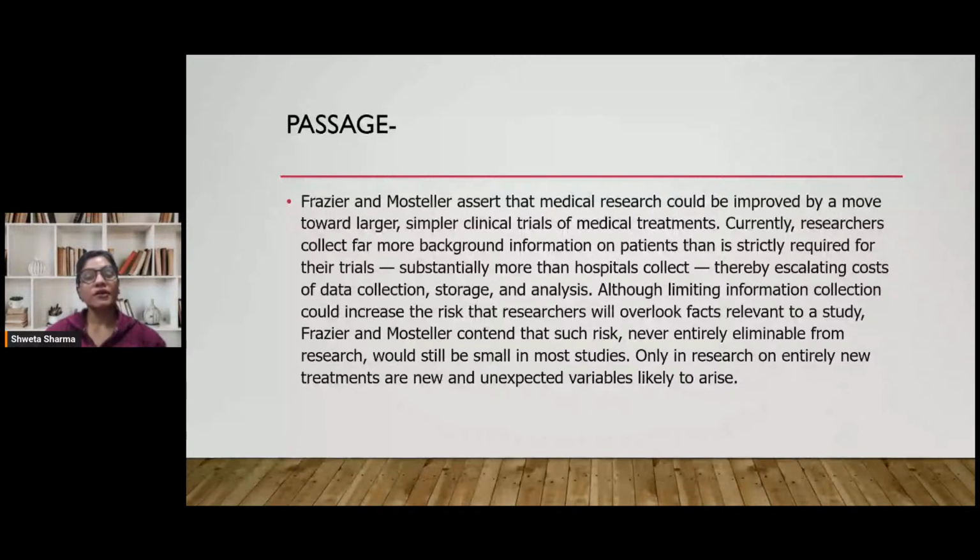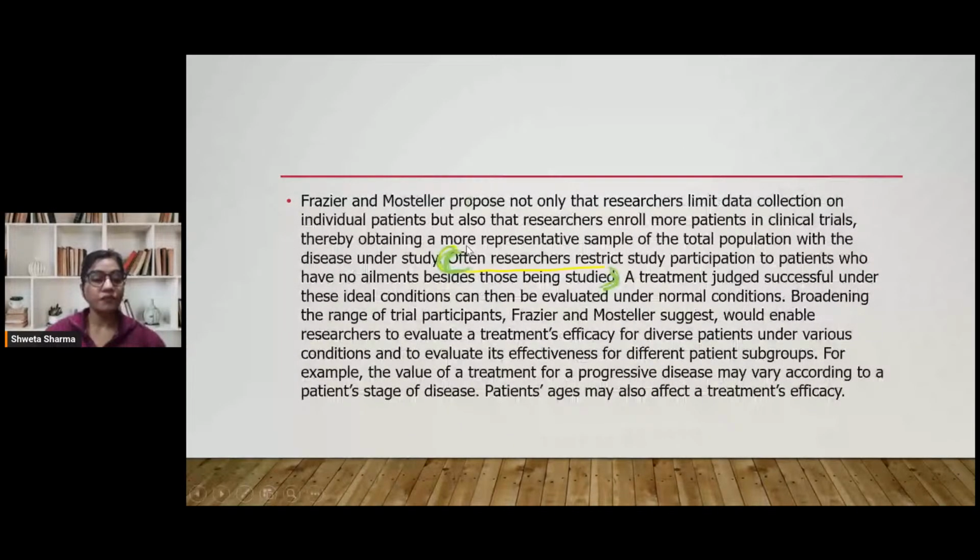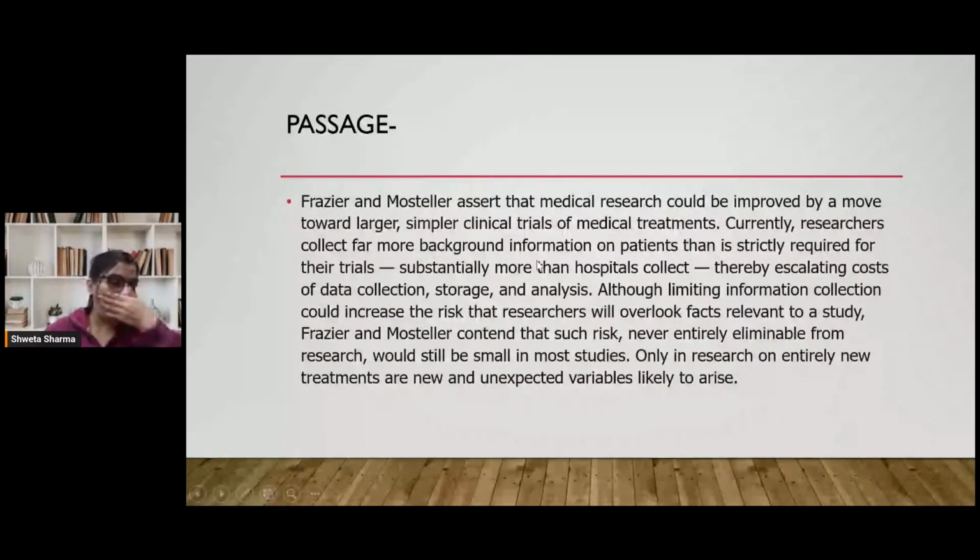Currently, the researchers collect far more background information on patients than is strictly required for the trials, substantially more than hospitals collect, thereby escalating cost of data collection, storage, and analysis.